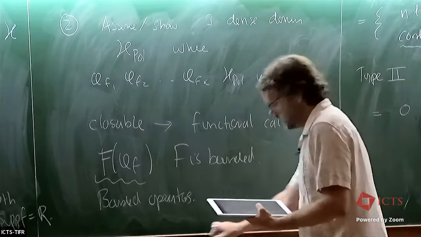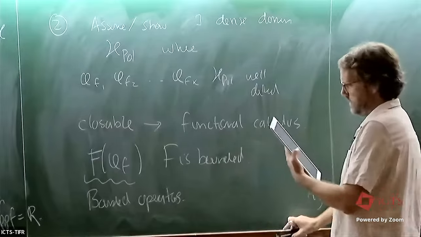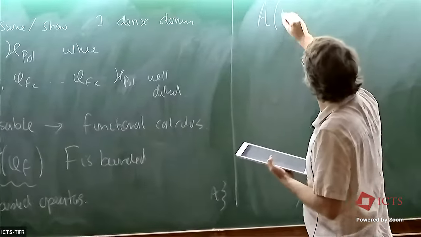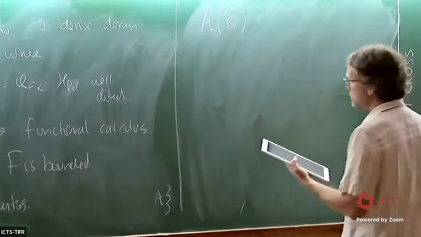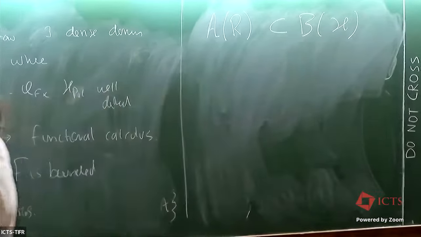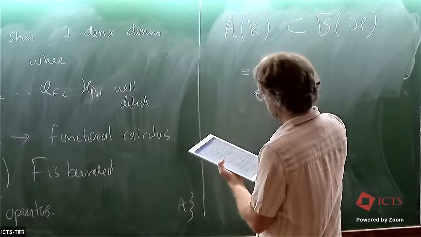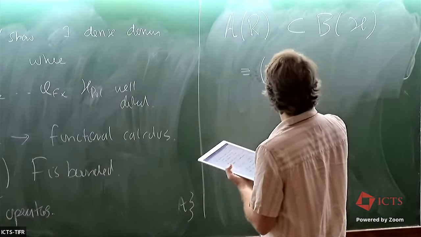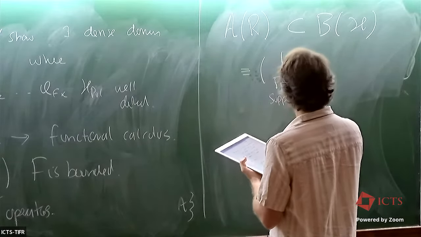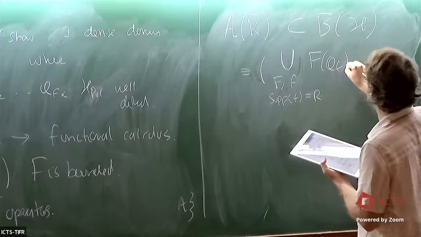Now we can finally define our von Neumann algebras as just A, some algebra of operators with reference to some region R. This is going to be some subalgebra of all possible operators on the Hilbert space. Remember, this is defined on some Hilbert space. It's defined as just some union over all of these possible bounded functions, all of these smearing functions with support in R, phi of f, that's some set of operators.